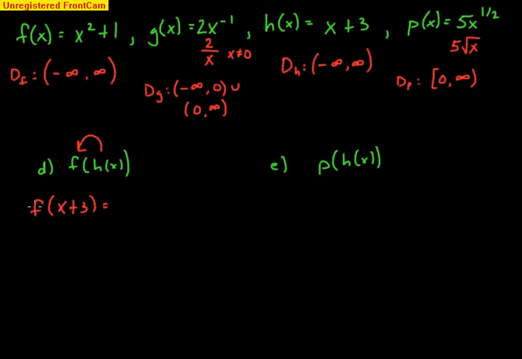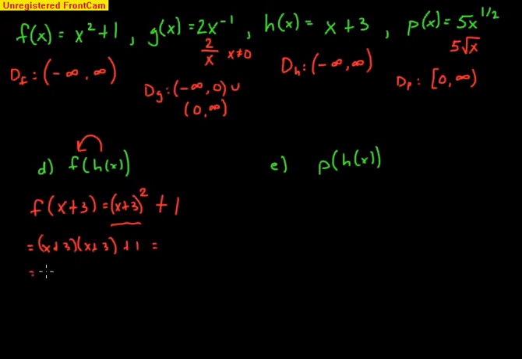So essentially what we're doing is we're just evaluating the function f for x plus 3. That means this function f, I'm going to write it without the x, squared plus 1. And where the x was, I will put x plus 3, and because it's two things, I'll put it in a parenthesis, x plus 3. And now you need to simplify this. Well, x plus 3 squared, you need to write out as x plus 3 times x plus 3.